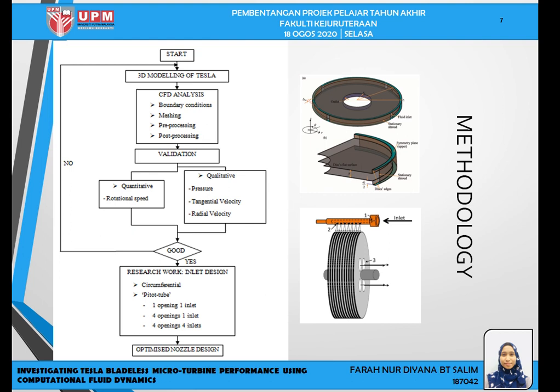Also, if the result is good, I'll be continuing with my research work on inlet design, and I have 2 inlet designs. On the right, the top figure shows the circumferential design, and the one below is the theory of the pitot tube, which captures the gap between each case. For the pitot tube, I'll be doing 1 opening with 1 inlet, 4 openings with 1 inlet, and also 4 openings with 4 inlets.